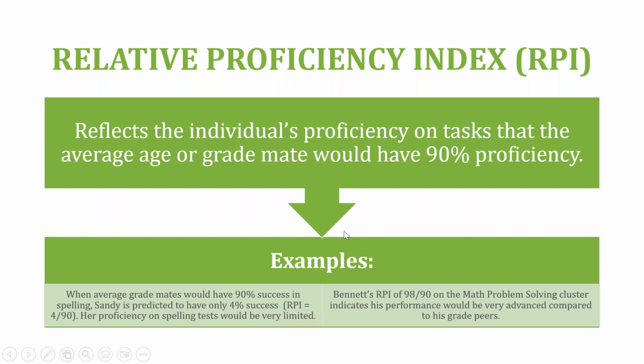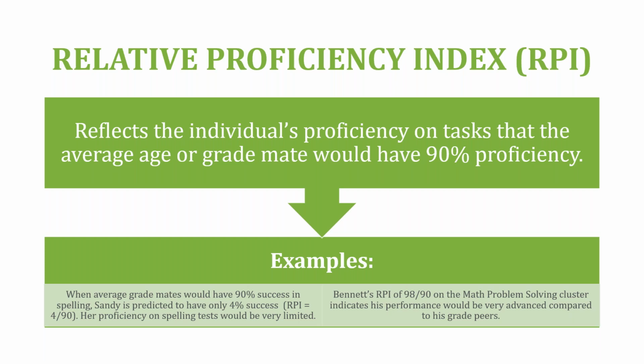So it reflects the individual's proficiency on tasks that the average age or grade mate would have 90% proficiency. As an additional example, if the student earned an RPI of 4/90, that would be understood as: when average grade mates would have 90% success in spelling, or whatever task you are measuring, Sandy is predicted to have only 4% success. Her proficiency on spelling tests would be very limited.